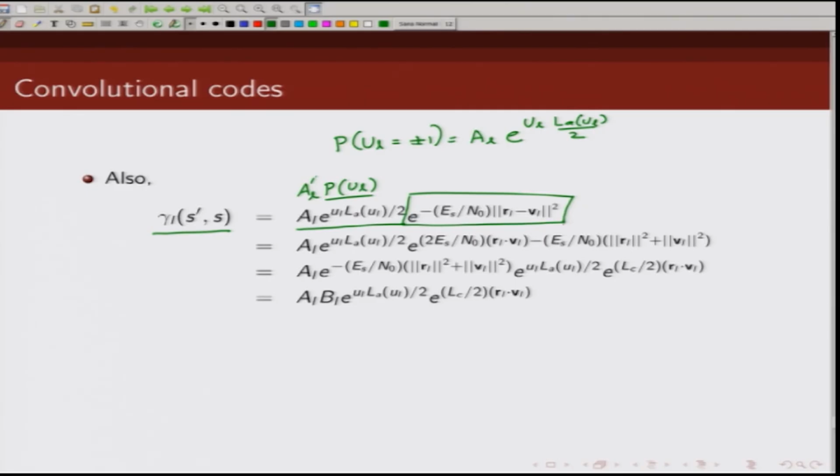So this we can expand as r squared plus v_l squared plus 2 times the dot product of r and v_l. Now, this does not depend on the choice of v_l, and if v_l is mapped to plus 1 and minus 1, v_l squared will be 1. So this also will be a constant term.